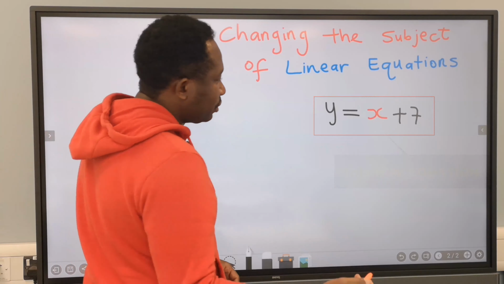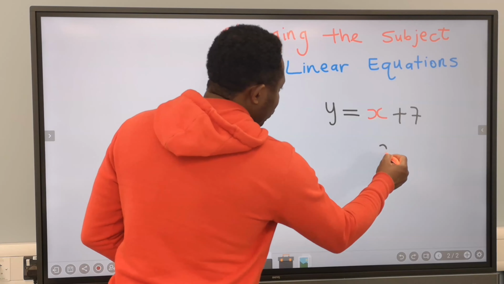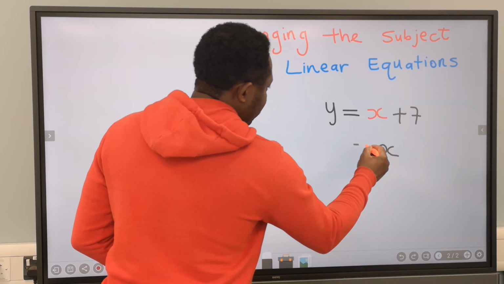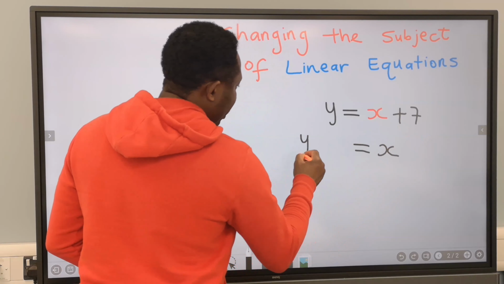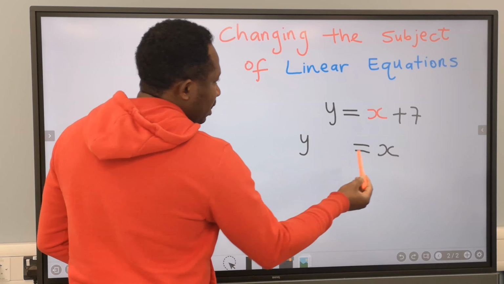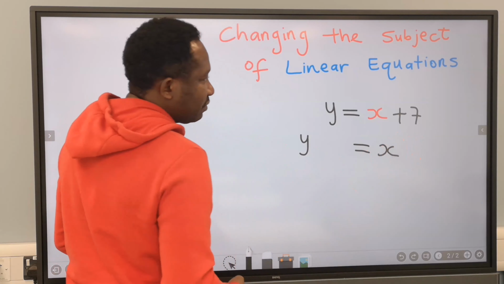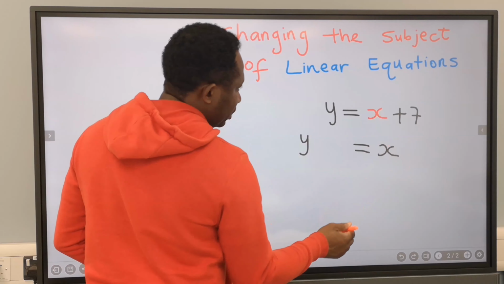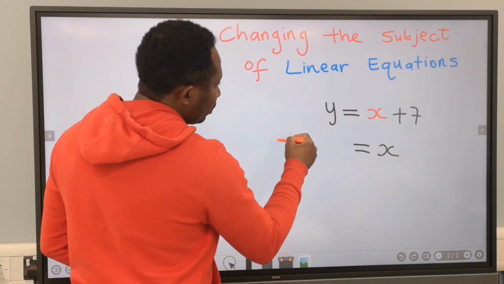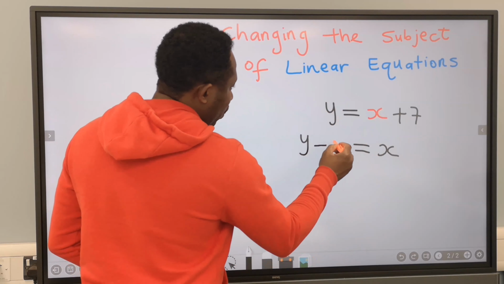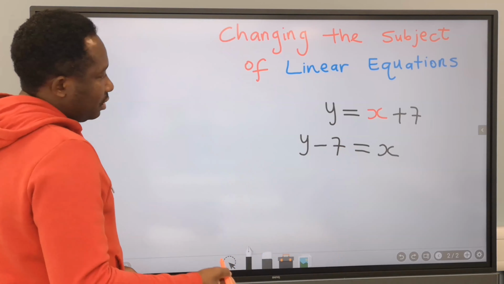The first thing we are going to do is to isolate x on this side and y is on this side. We are going to move plus 7 out of this position, and if it crosses this equal sign, it becomes minus 7.